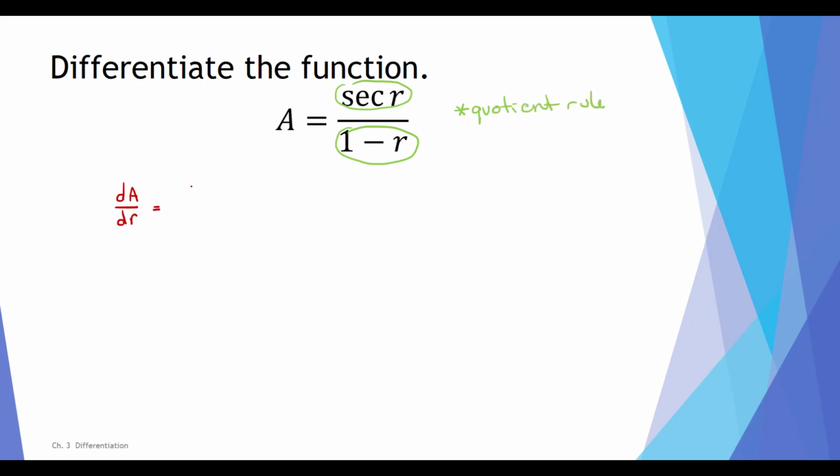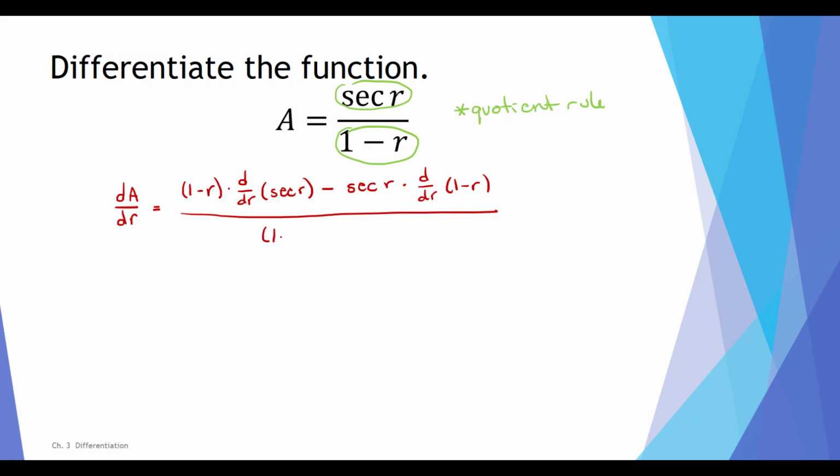The quotient rule says I take the bottom and multiply by the derivative of the top, then I subtract the top multiplied by the derivative of the bottom, and I divide all of that by the bottom squared.